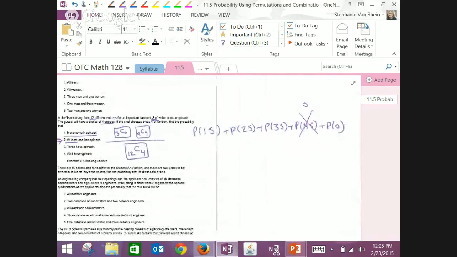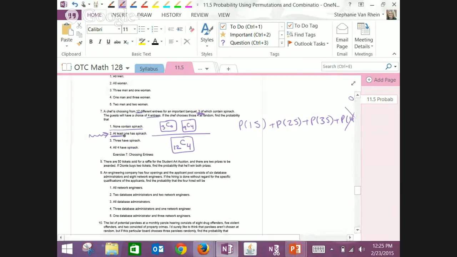But the outcome is either 0, 1, 2, or 3 have spinach. So the probabilities of 0, 1, 2, and 3 having spinach add up to 100%. Those are your only outcomes, because there's only 3 of them with spinach.